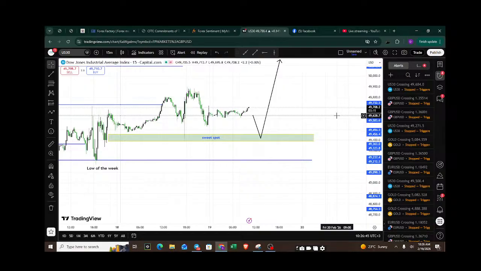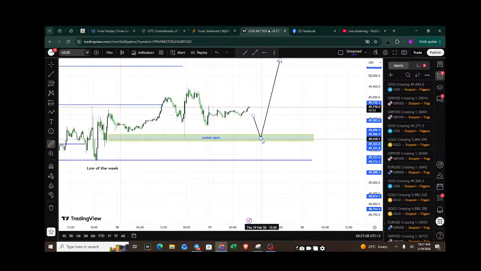So allow me to set my buy limit on USD. So now what happens? I'm setting an alert.